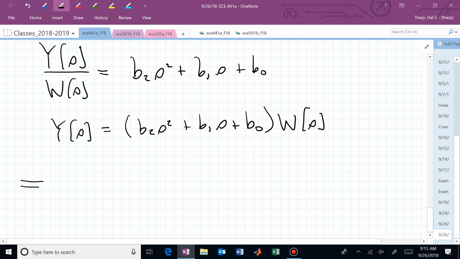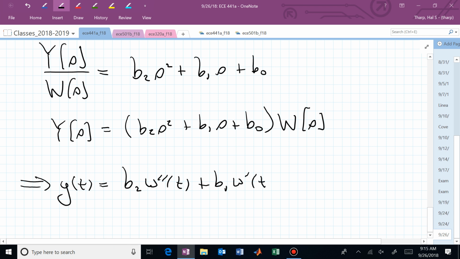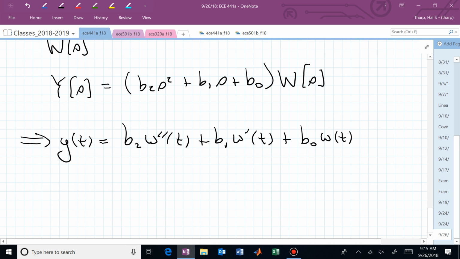Or now we can say that y of t is equal to b sub 2 w double prime of t plus b1 w prime plus b sub 0 w of t. And now these I can add together as the inputs to another summing junction. So these are now inputs.